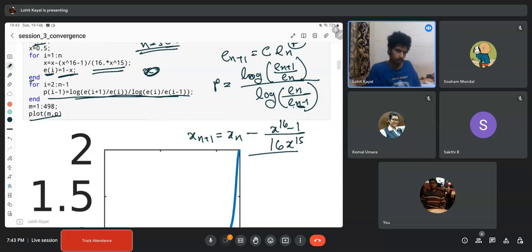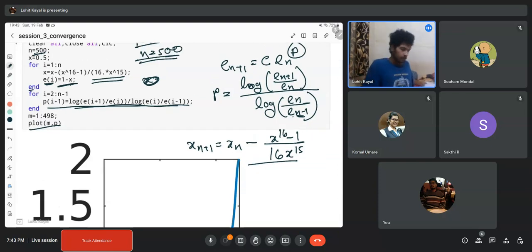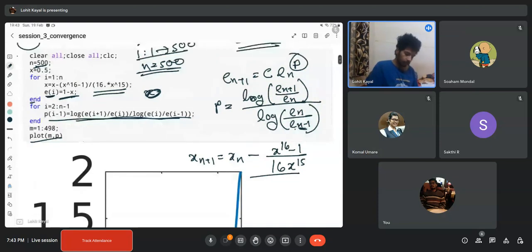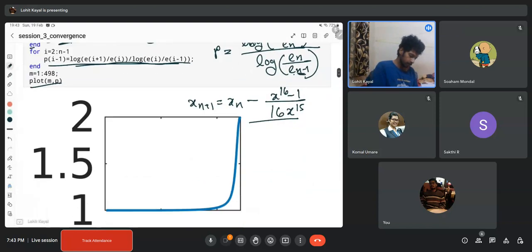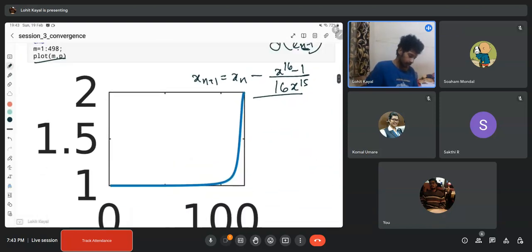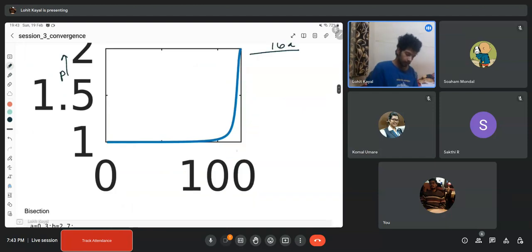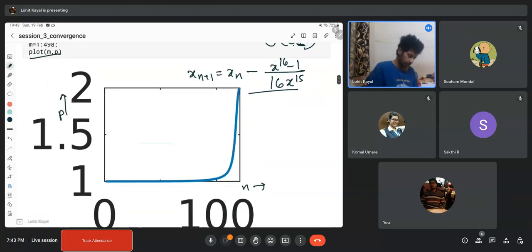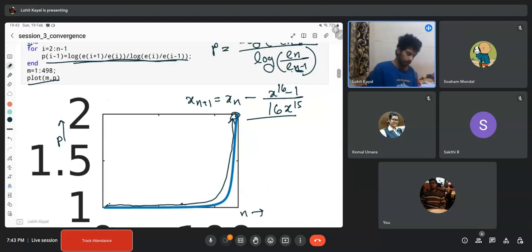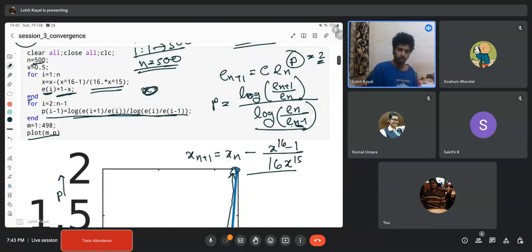We all know that in the Newton-Raphson case, the rate will be 2, and here is the corresponding plot. Here this is P, and this is the number of iterations n. You will find that the rate was initially small, but as the number of iterations increases, it reaches the value 2. Now this is an asymptotic expression.